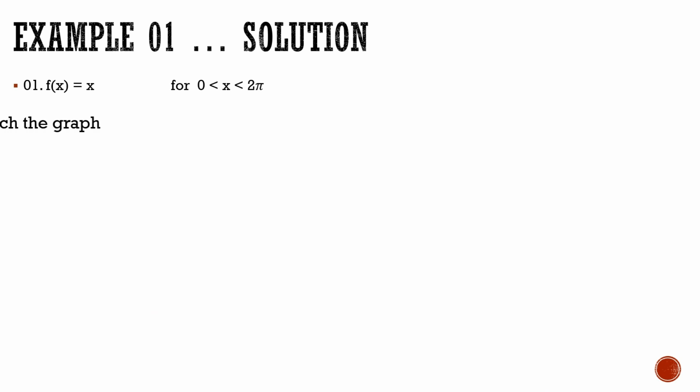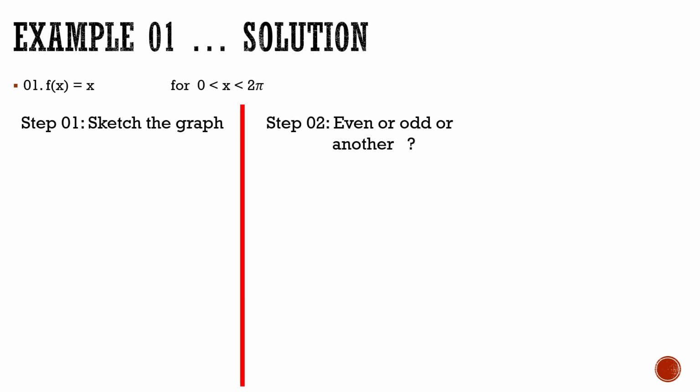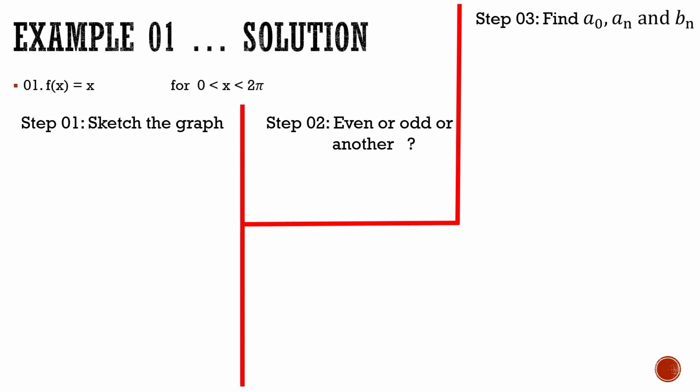The first is to sketch the graph, the second is to determine whether the function is even, odd or another, and the third is to find a0, an and bn. The graph of f(x) equals x for x greater than 0 and less than 2π will be like this.